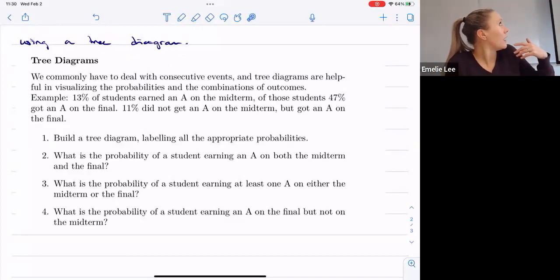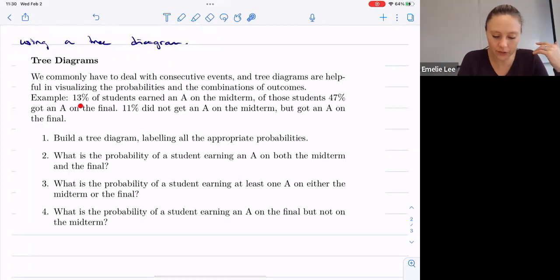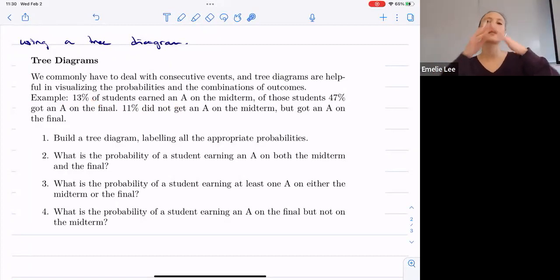we've got 13% of students earned an A on the midterm, and of those students, 47% got an A on the final. So 13% of the students in a class got an A on the midterm, and then of those 13%, 47% got an A on the final.